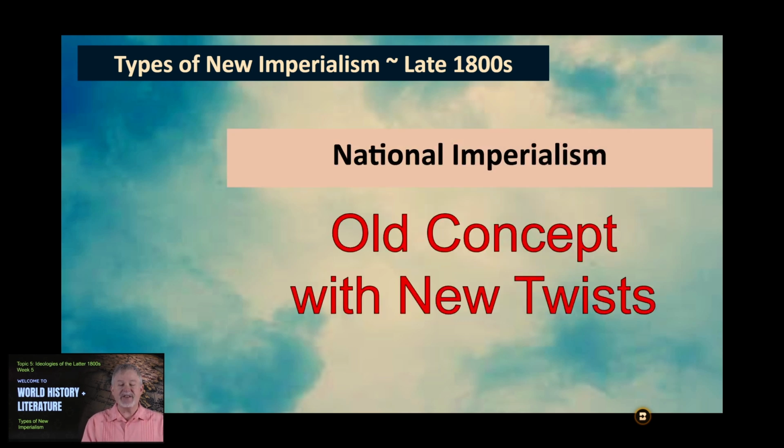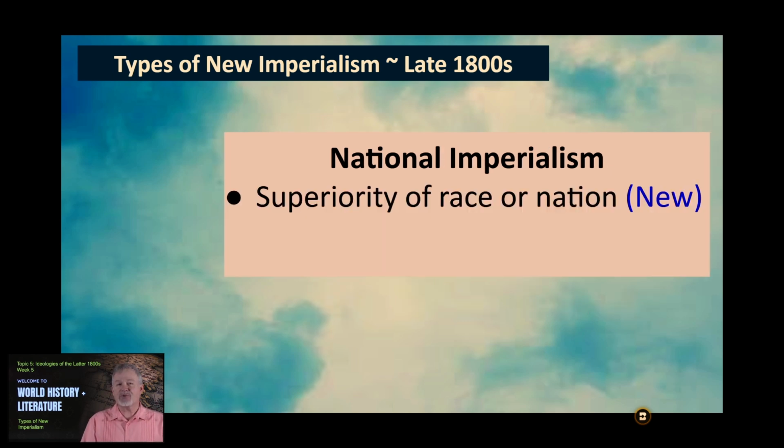First one up is national imperialism. This is the one that looks to the nation, to the identity, to the protection of the nation. It's an old concept, but has some new twists as we move into the 1880s and 1890s. The first new characteristic is that it is governed by a superiority of race or nation.